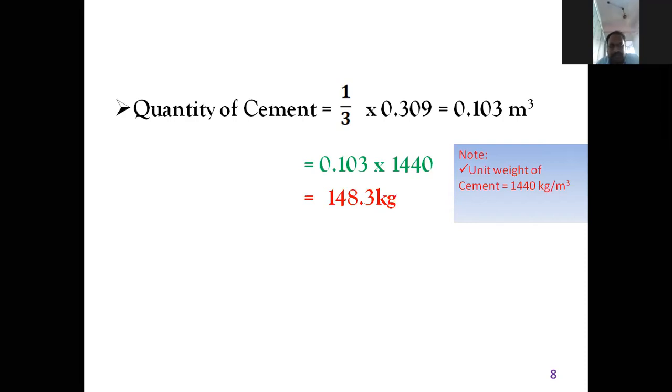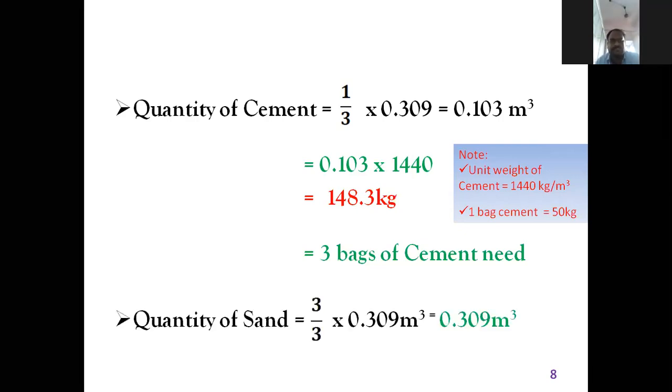Now I am taking it as 150 kg, which you can easily convert to 3 bags. One bag is 50 kg, so 150 divided by 50 gives 3 bags.